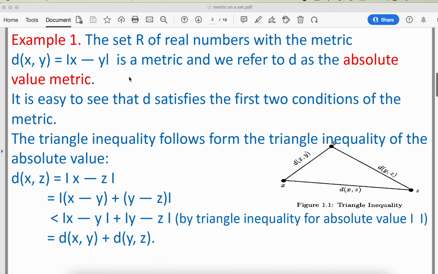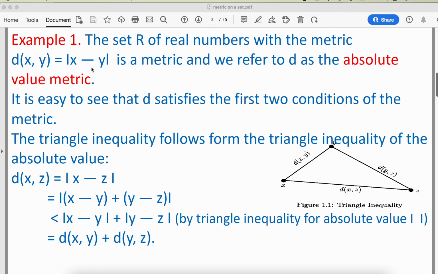For example, if we consider the set of real numbers R and we define a metric as d(x,y) equal to modulus of x minus y, then this is a metric, and we call it the absolute value metric. Clearly it satisfies the first two conditions.